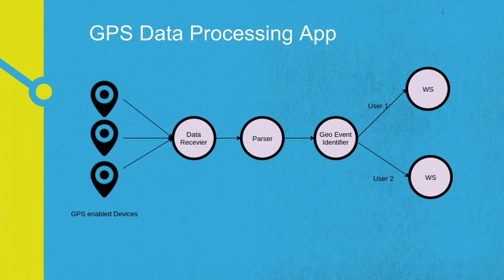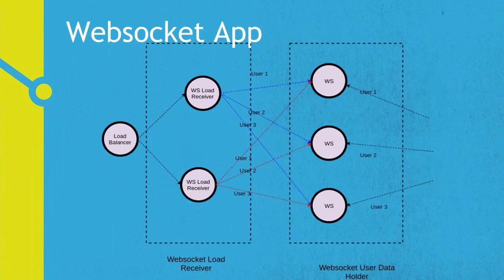User information, device information, and the last location of that particular device are all clubbed together in the geo event identifier to decide whether it is some kind of event or not. Based on that, updates and events are pushed to the WebSocket output operator, where they are held in memory for the user to connect and retrieve that information.